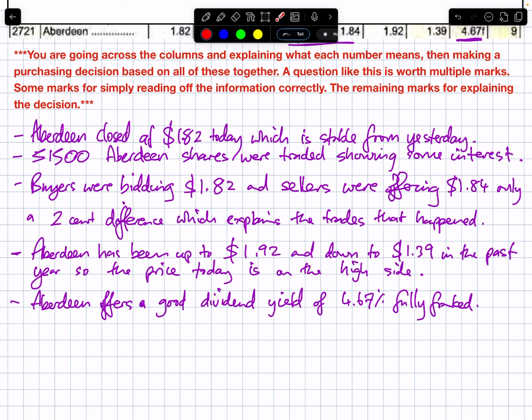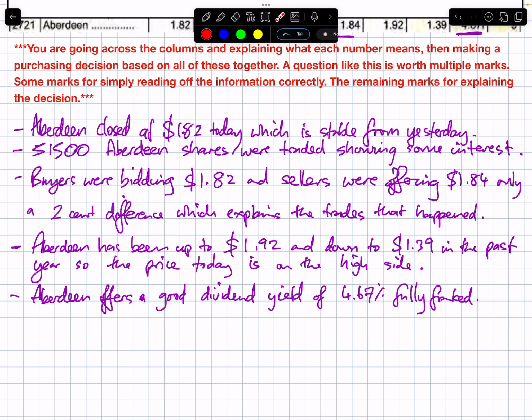The highest price in the last year is $1.92 and the lowest is $1.39. So currently the price is quite high, so that's a big negative. But another positive, which is quite good, is that you get a pretty good return and the company takes care of you because it's fully franked. You could really answer this for or against, as long as you accentuate the good or the bad parts.